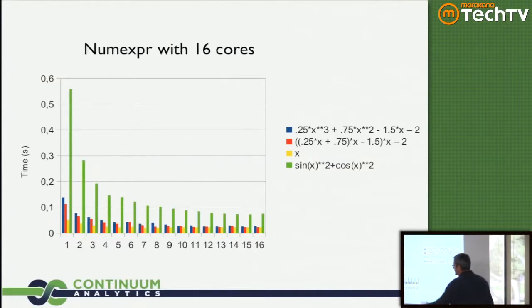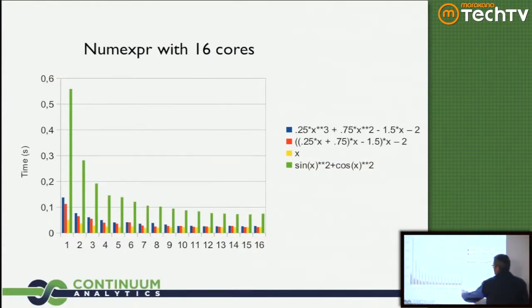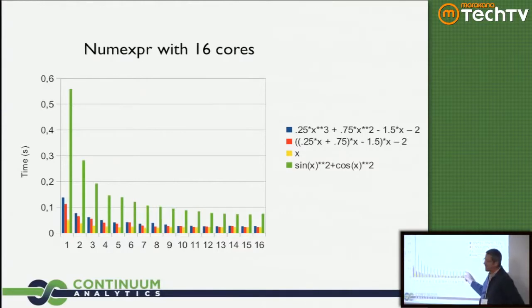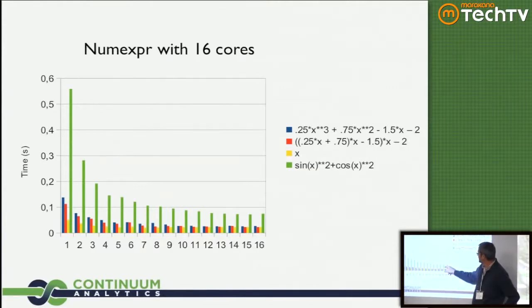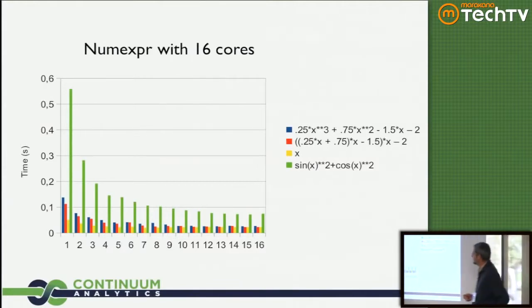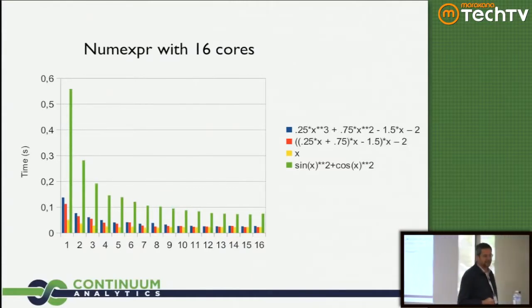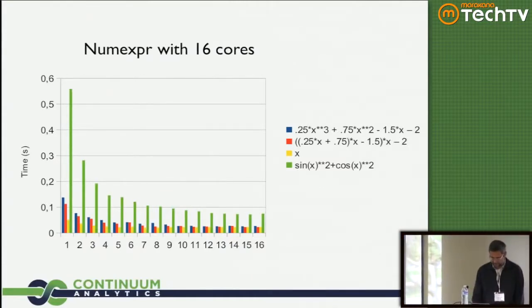So these logical cores here are the hyperthreaded ones, but we can see that after the 8, the speedup that hyperthreading can give us is around 30%. So hyperthreading is not only hype, it works. 30% is not that bad.